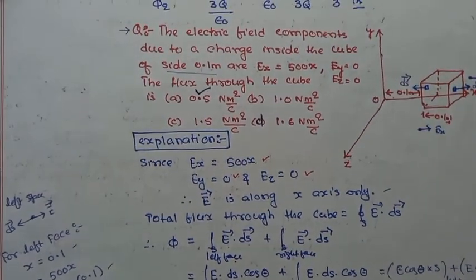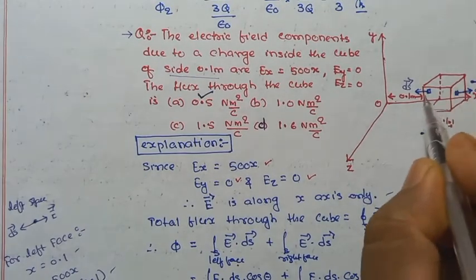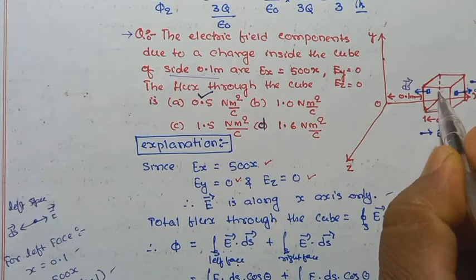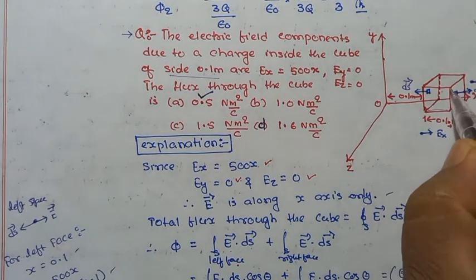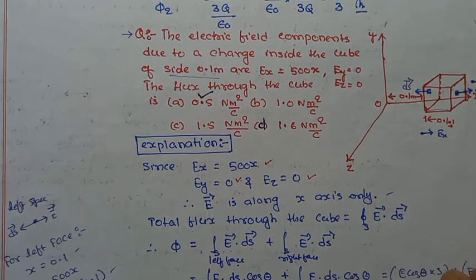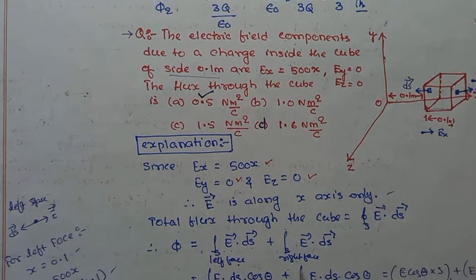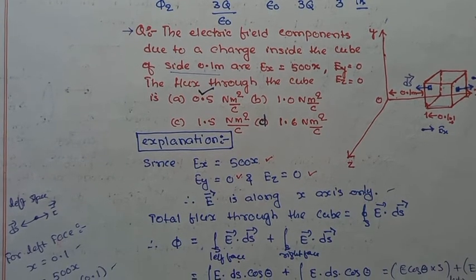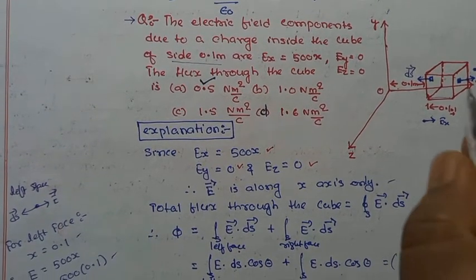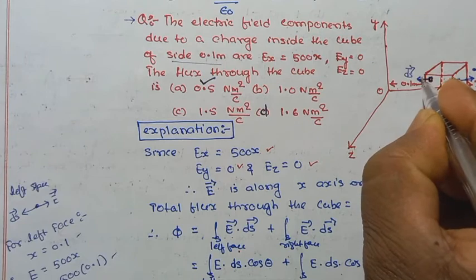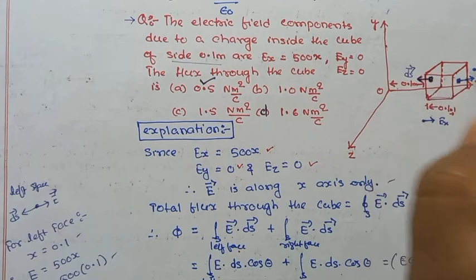Okay? This is a cube. In this cube, this face is called the left face and this face is called the right face. Now the dot product of E vector dot ds vector is equal to E ds cos theta. Okay? So for the left face, select a small area element. This is a small area element and this is the ds vector normal to this area element.